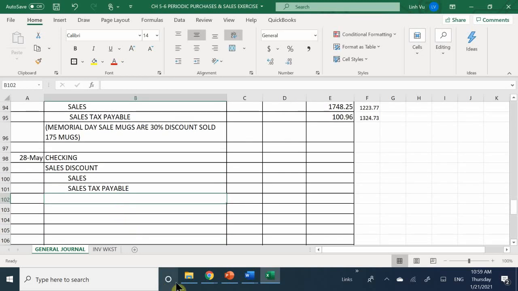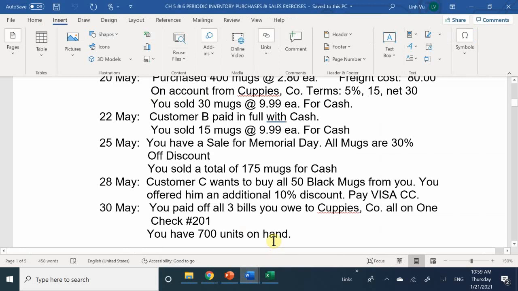If he purchased all 50 black mugs, all right, and let's assume that we sold them for the original price because black and brown's not going to make a huge difference, right? They're the same cup essentially, but they're just different colors. So the assumption here is that we're still going to sell it for the same price of $9.99.